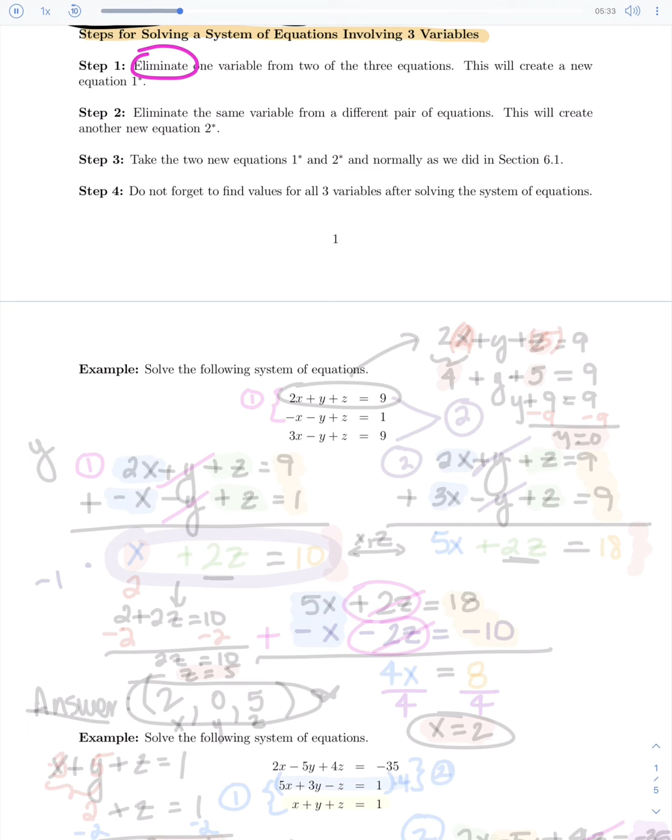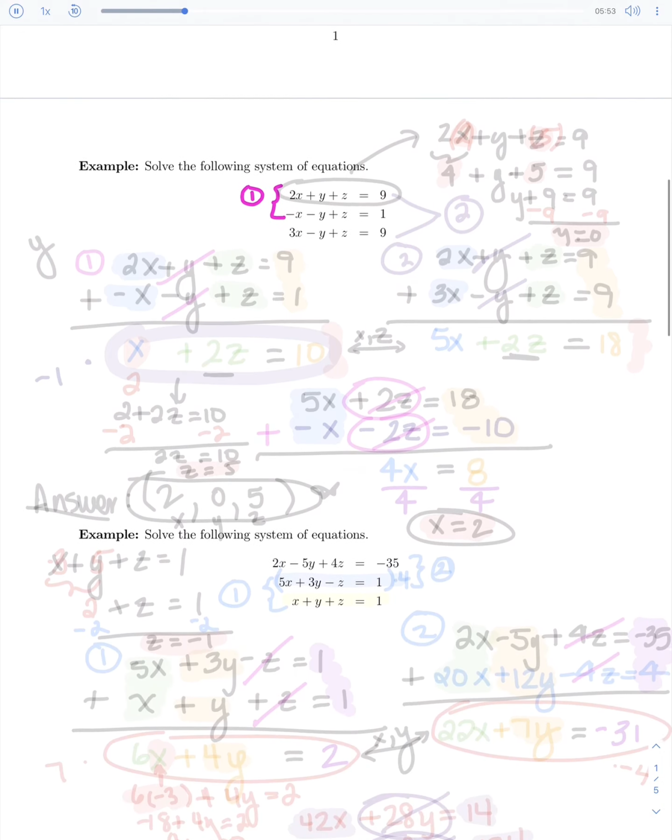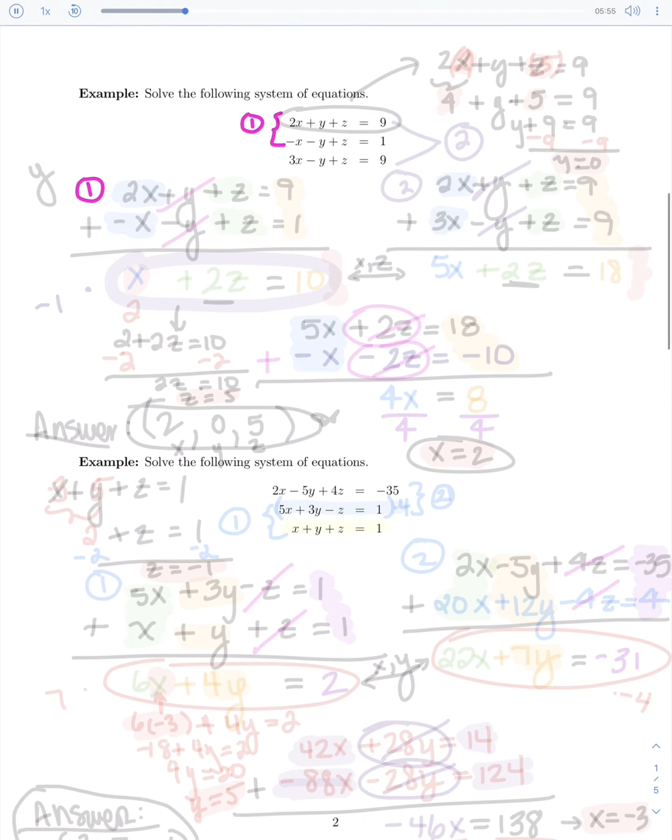Let's take a look at the first example. So the first thing that we're going to do is pick a pair of equations and eliminate one of the variables. Right off the bat, if I select the first 2 equations as my first pair, it's already set up for elimination. Why is it already set up?